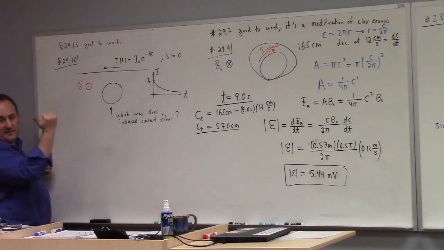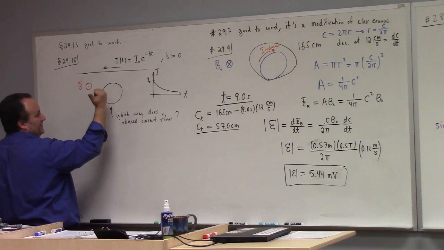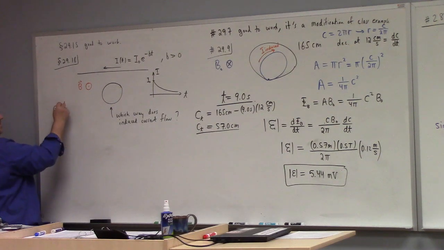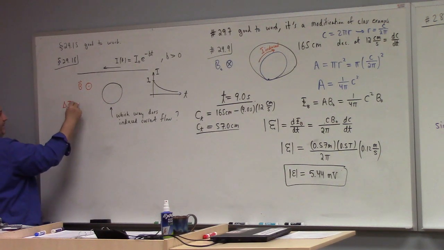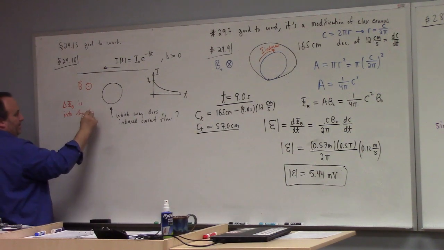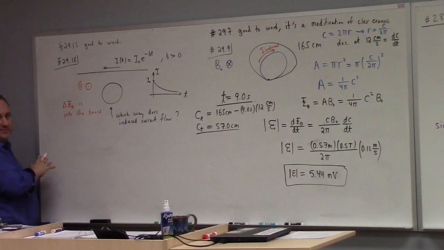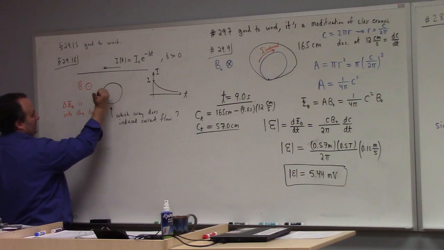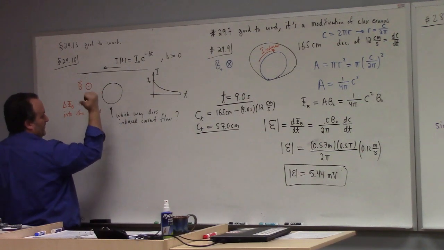So that means that the change in flux is into the board. You're decreasing the amount of the ones pointing out at you.